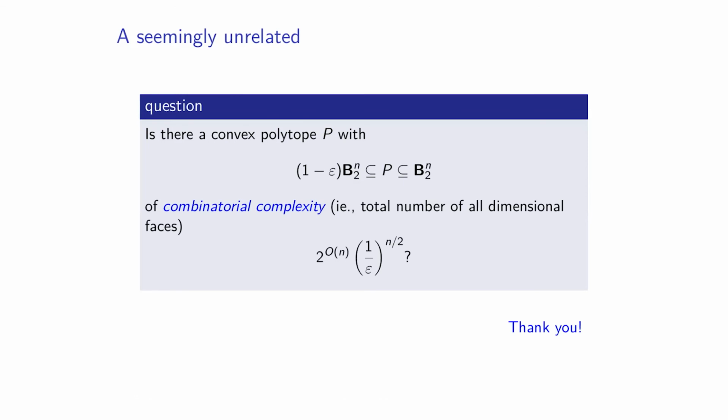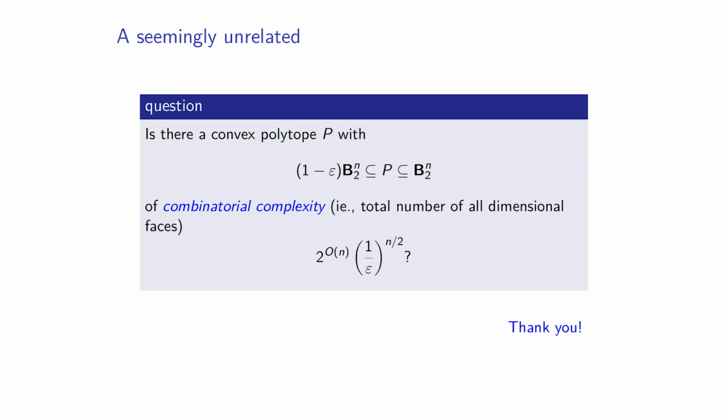But what if I'm interested in the total number of faces, which you can call the combinatorial complexity? Can you do it with 1 over epsilon to the n-half total complexity? And I'm even interested in a constant epsilon. So take epsilon equals 1/2. Here is the question, a baby question.